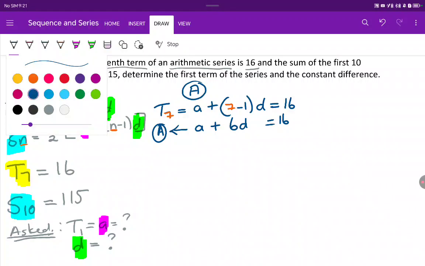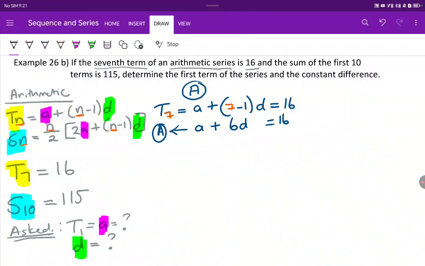Let's do equation B, and we can do that one in black. So for B, now remember that this term 7 minus 1 that we did here, we actually got from the yellow, right? So that's the yellow one. So let's do the blue ones. We're going to say, okay, the sum of 10 terms is equal to, now that 10 is our n, right?